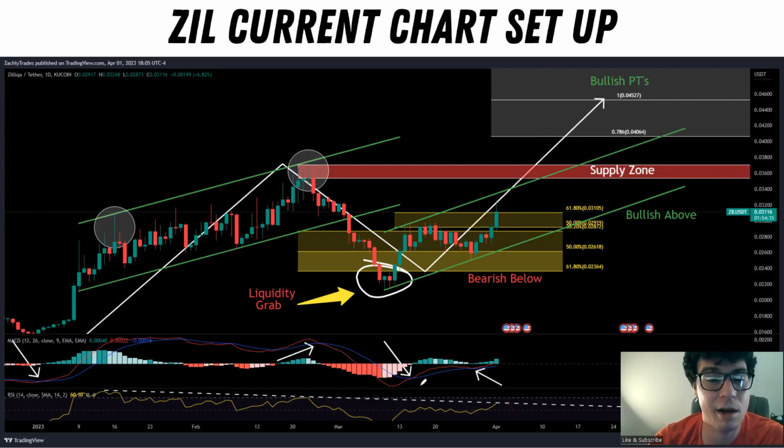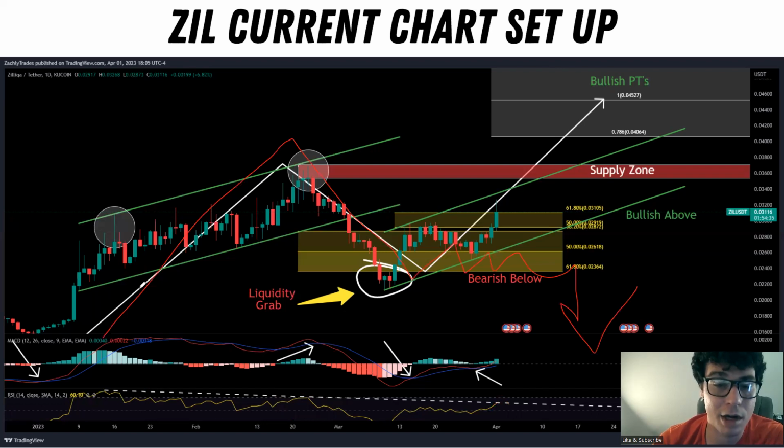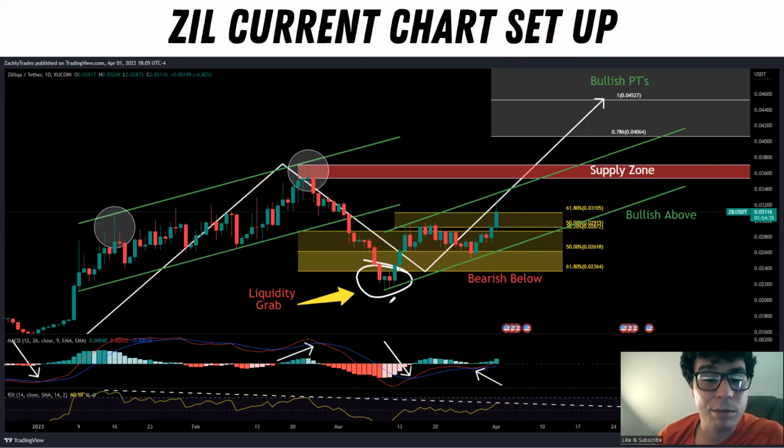Now, what's a liquidity grab? This is a really good example of a liquidity grab right here. You notice how it says bearish below, and that's because if we flip this area to resistance, then we're going to be bearish below and possibly look at that retracement reversal, rather than retracement continuation to the upside. A lot of times, market makers and algorithms will trigger people's stop losses.